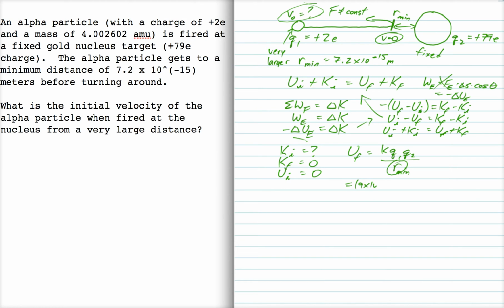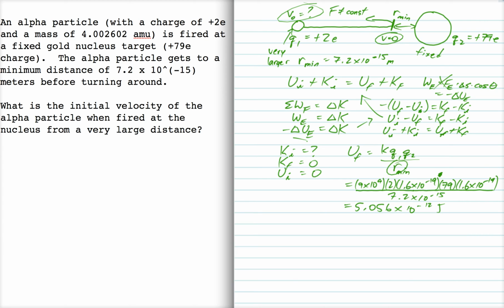I've got 9 times 10 to the 9 for K, and then Q1 is 2E, and Q2 is 79E. I could have been lazy and just squared this, but I figured I'd write it all out. And I divide by R min. Okay, and that is 5.056 times 10 to the minus 12 joules.